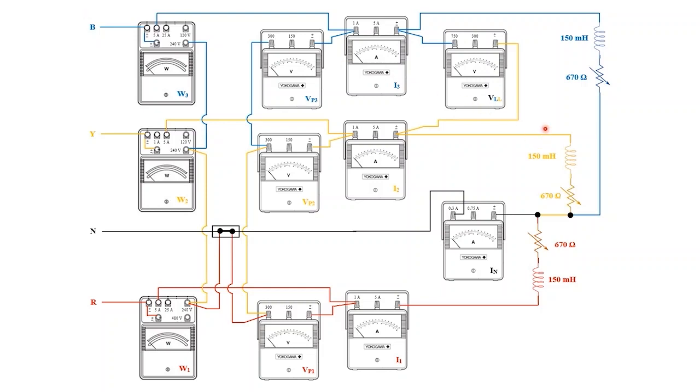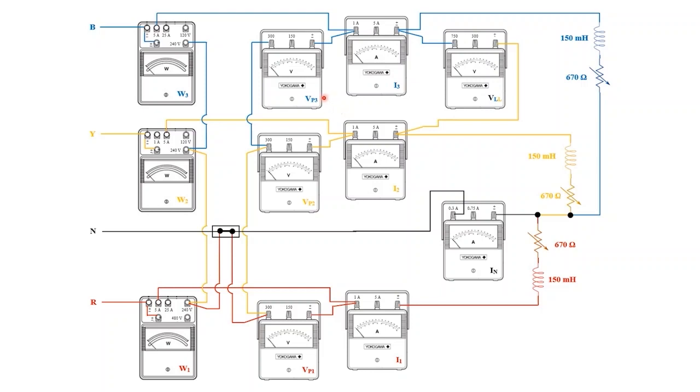Then we have to measure the line-to-line voltage. So we have chosen two phases, phase B and phase Y. So this voltmeter measures the line-to-line voltage. One terminal of this voltmeter is connected to phase Y and the other terminal is connected to phase B. Then we have to measure the voltage of each phase.